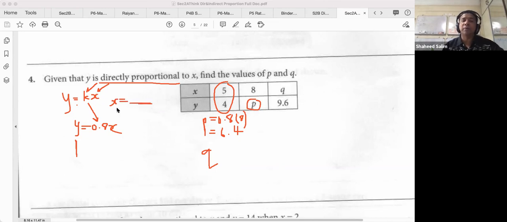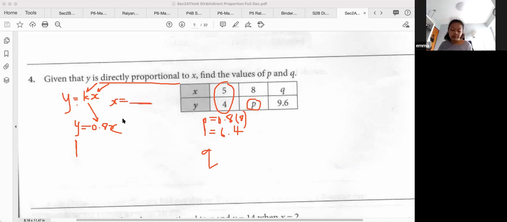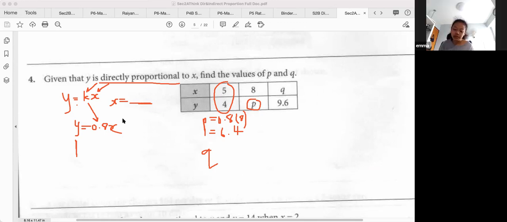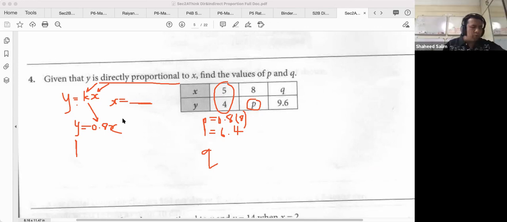You've got to shift this around. Well, 12. Well done.